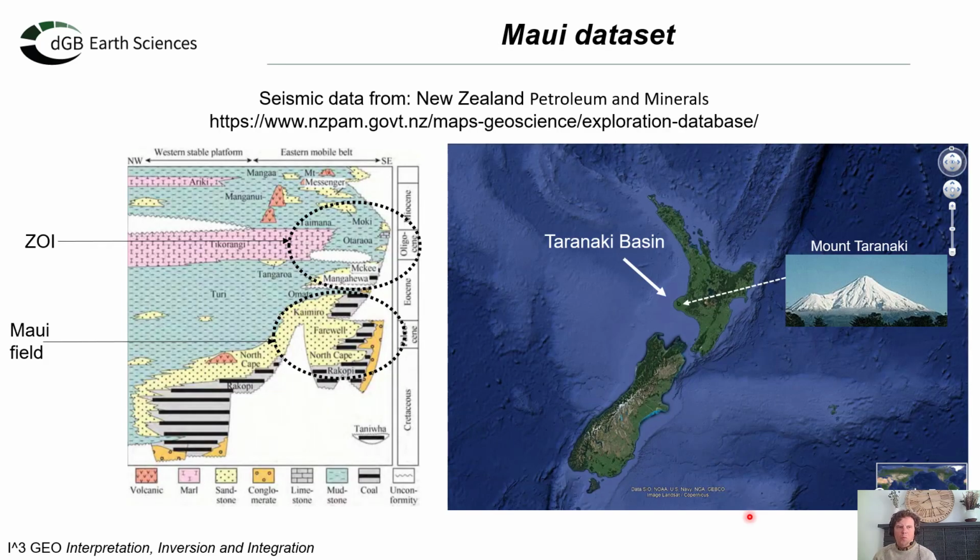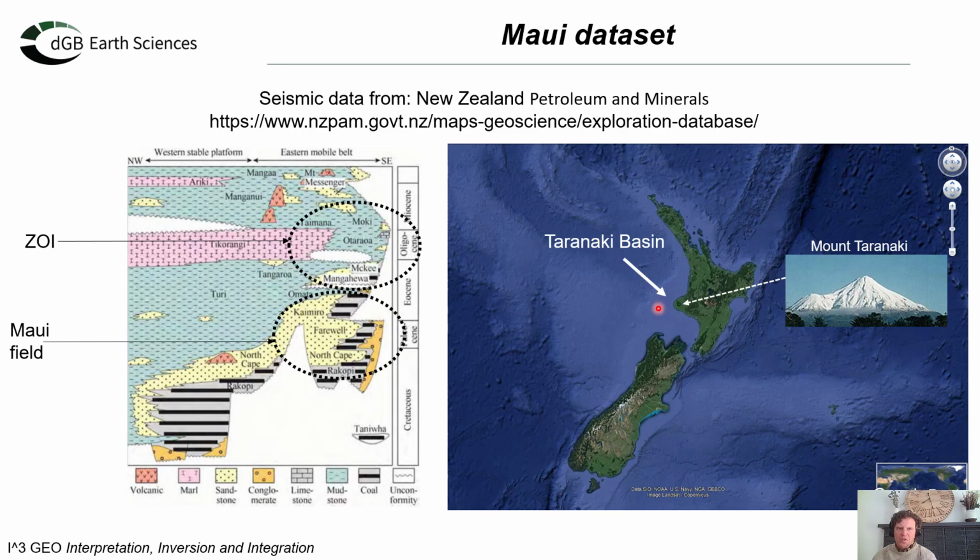The dataset I will be demonstrating on is known by us as the Maui dataset, after the Maui field in New Zealand, and is available from the New Zealand Petroleum and Minerals Department on this website. The dataset is located in the Taranaki Basin, which is west of the New Zealand North Island.